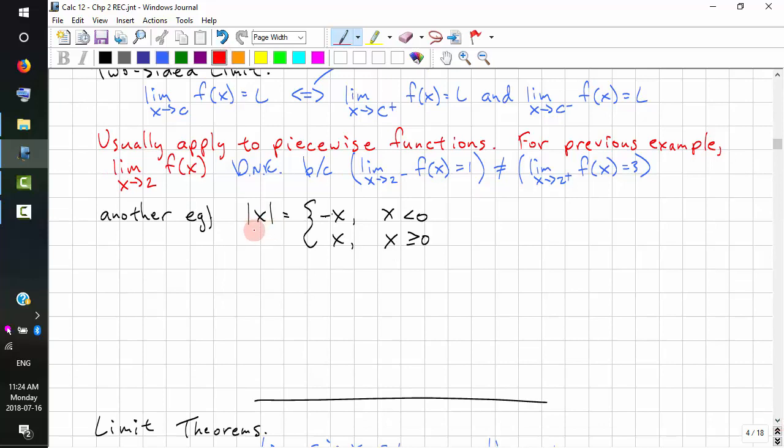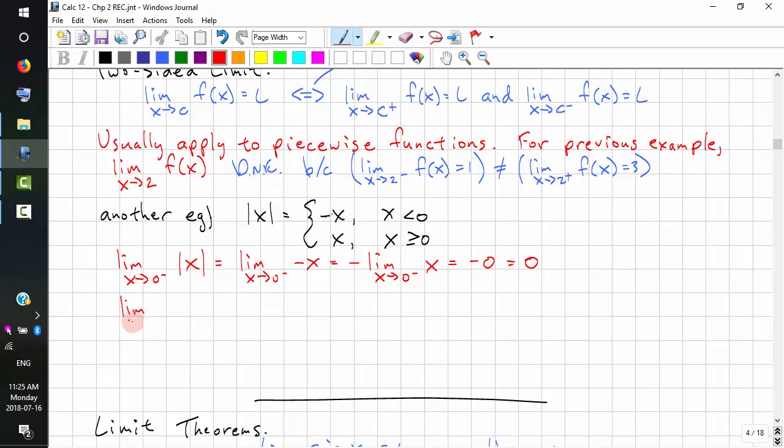And another example, we'll take the limit of the absolute value function at 0, because the boundary of the partitions is at 0. So the limit as x approaches 0 from the left of the absolute value of x equals the limit as x approaches 0 from the left. And from the left, we have this, because that's less than 0. So we have negative x, and that equals negative the limit as x approaches 0 from the left of x, and that's just minus 0, and that's just 0.